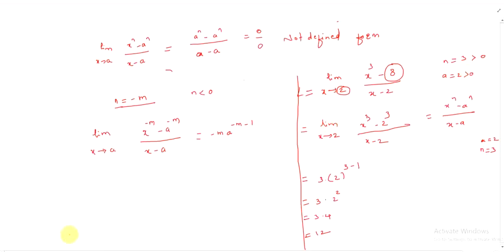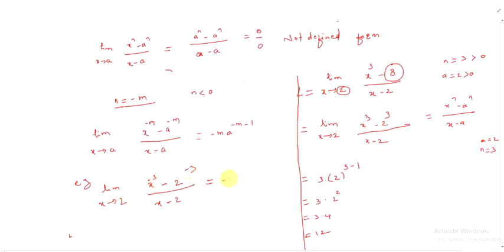But if the power is a negative power, for example, let us take the limit x tends to 2 of x raised to 3 minus 2 raised to 3 upon x minus 2, same example. Sorry, here we do not want to take a negative limit, we want to take a negative index, if n is equal to minus 3.